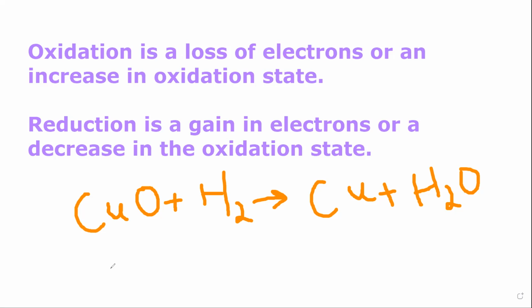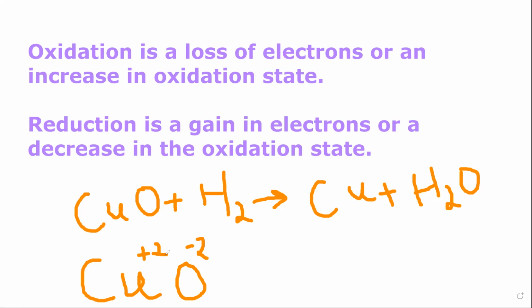If we go into the atomic details, this copper has a +2 charge, oxygen has a -2 charge, and with the charges being balanced, they stick together because the positive copper attracts the negative oxygen and they make an ionic bond.